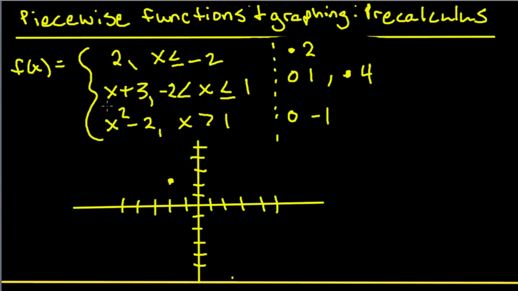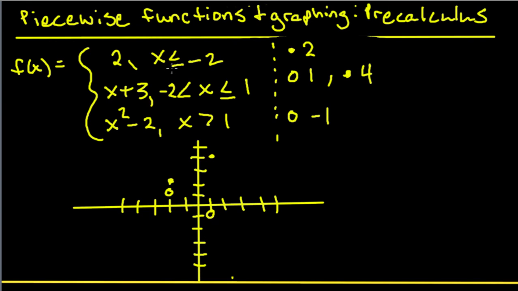And when we're at negative 2 for this function, we get 1. So negative 2, 1. And we have an open dot. Alright. And then when we're at x equals 1, in here we got 4. So 1, 4. And that's a closed dot. And then we have, for here, at x equals 1, we have an open dot at negative 1. So right here.